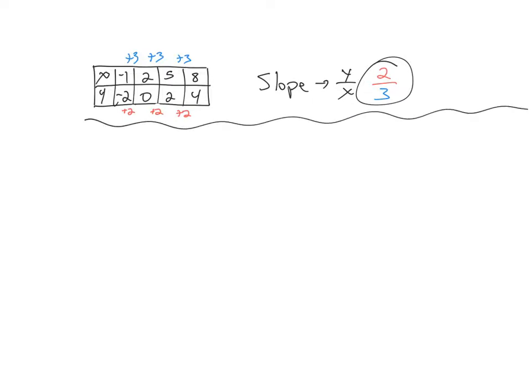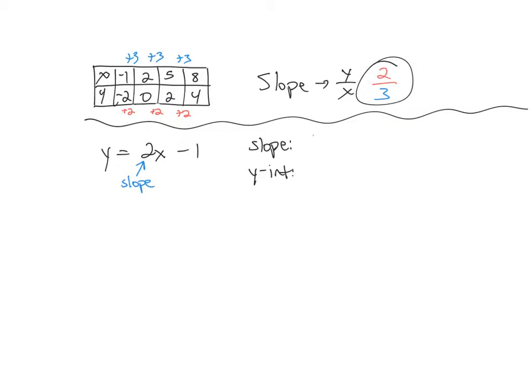So now we're going to get into a little bit more of the line stuff. So first, you will have some problems that just ask you what's the slope and what's the y-intercept. So remember, the slope is the number that's by the x.